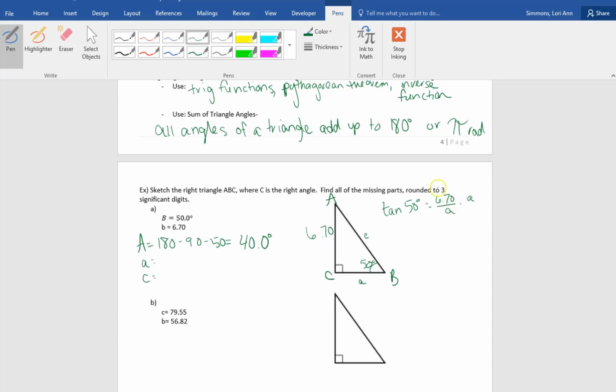I'm going to times both sides by A. A will cancel over here, so A times tangent of 50 degrees is equal to 6.70. Then we can divide both sides by tangent of 50 degrees. So A should equal 5.62. Make sure your calculator is in degrees when you're doing tangent of 50. So A is 5.62.